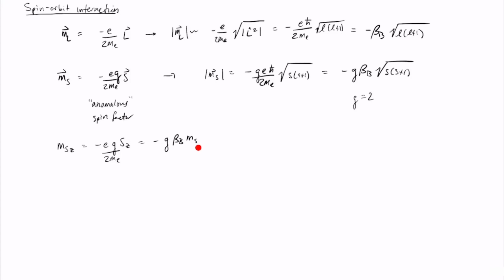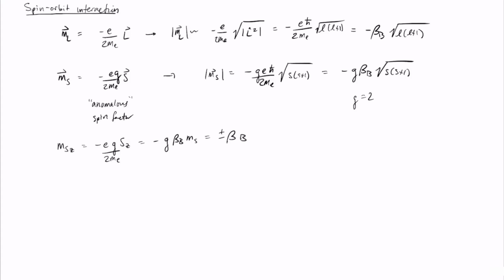Now, using the fact that m sub s is plus or minus a half, and that g was derived to be 2, this then tells us that we have two possible outcomes for the value of m s z. Or in other words, this tells us that the magnetic moment in the z direction for the electron that purely comes from the spin component can either be plus or minus the Bohr magneton.